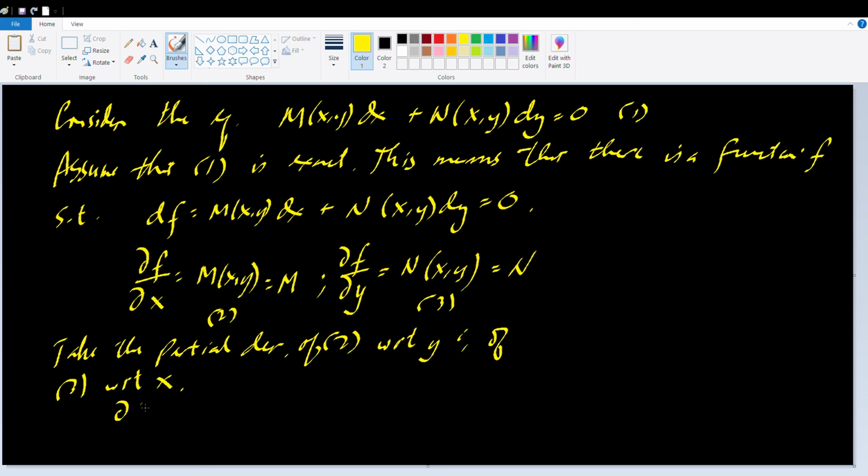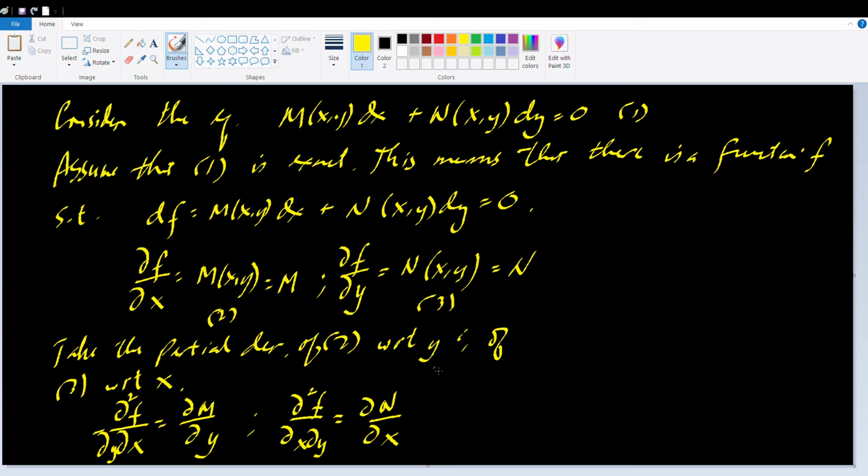So the partial of f with respect to x, we take its partial again, but now with respect to y. That will give us the partial of M with respect to y. For equation 3, we take the second partial, but now with respect to x. That is equivalent to the partial of N with respect to x.